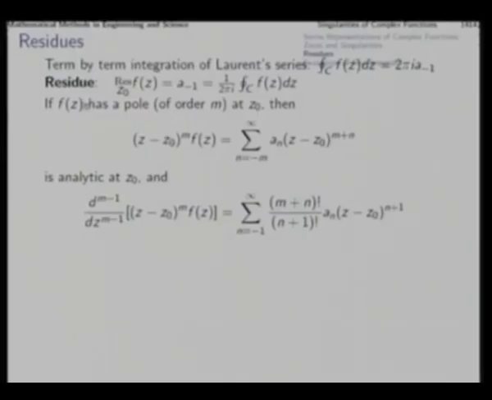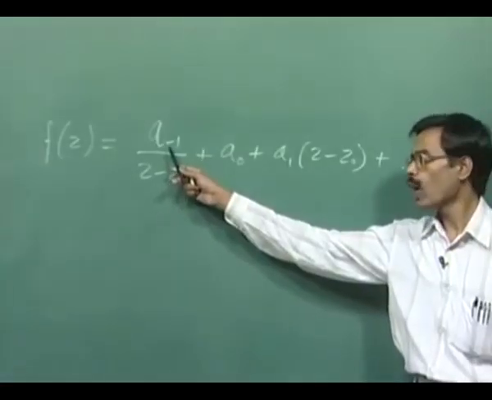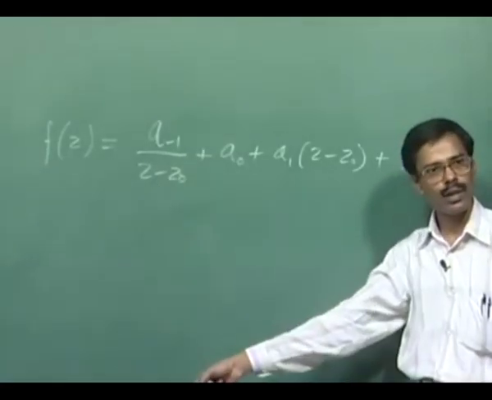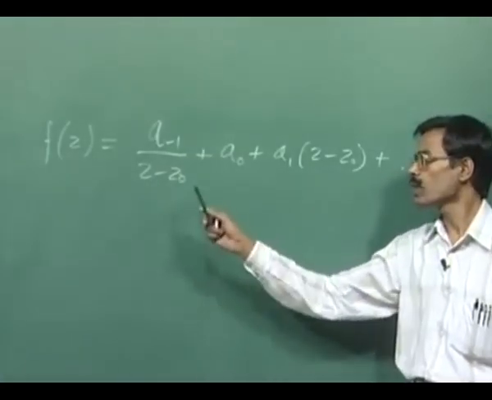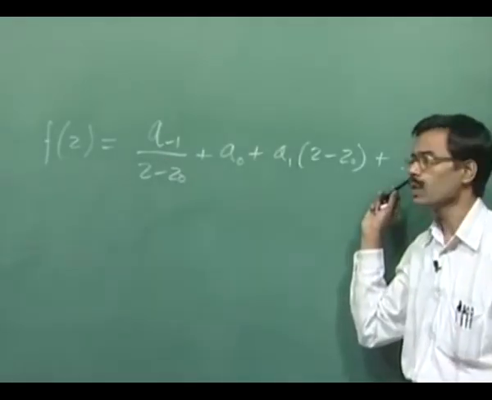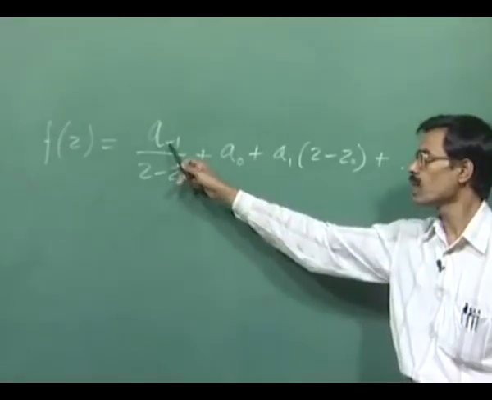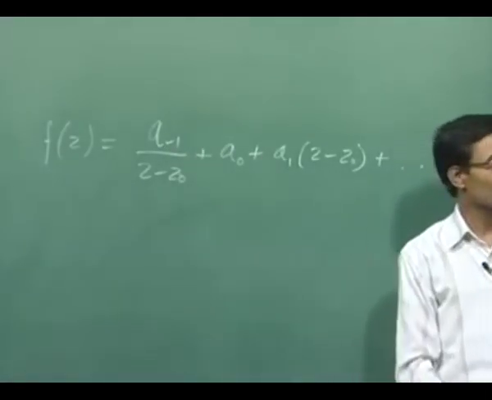If the function does not have a pole at that point z0, if the function is analytic, then obviously a minus 1 will turn out to be 0, as the lower coefficients also will be 0. Now, if it has a pole of order 1, then this will be the situation, and multiplication with z minus z0 will give you this upon substitution of z equal to z0.